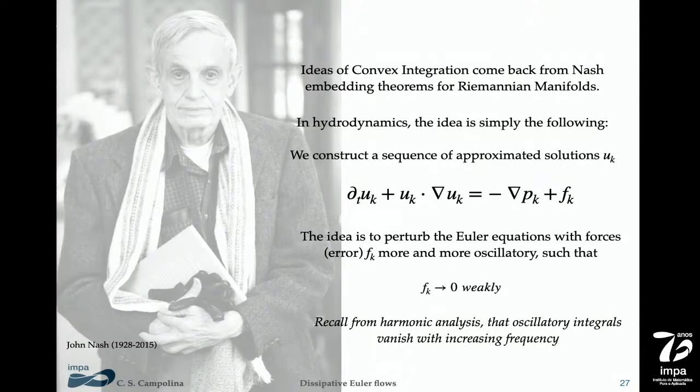So these are the ghost forces from Schnirelman. And the idea is to construct this sequence in such a way that these forces become more and more oscillatory. So they are exciting the equation at higher and higher frequencies.